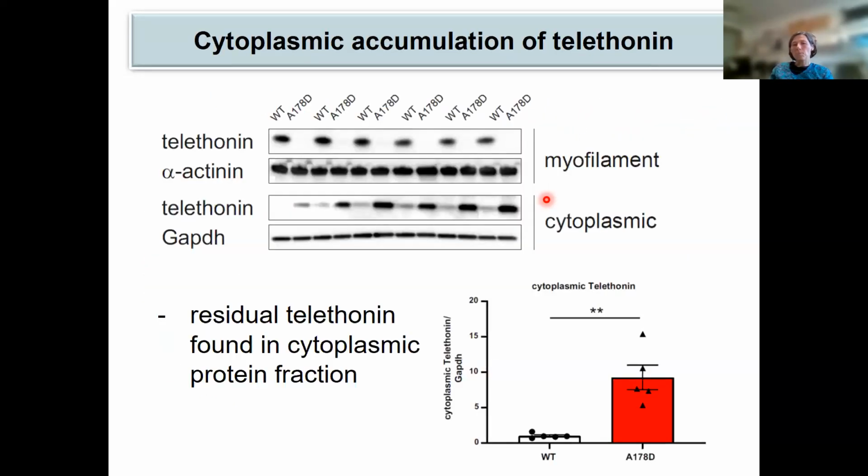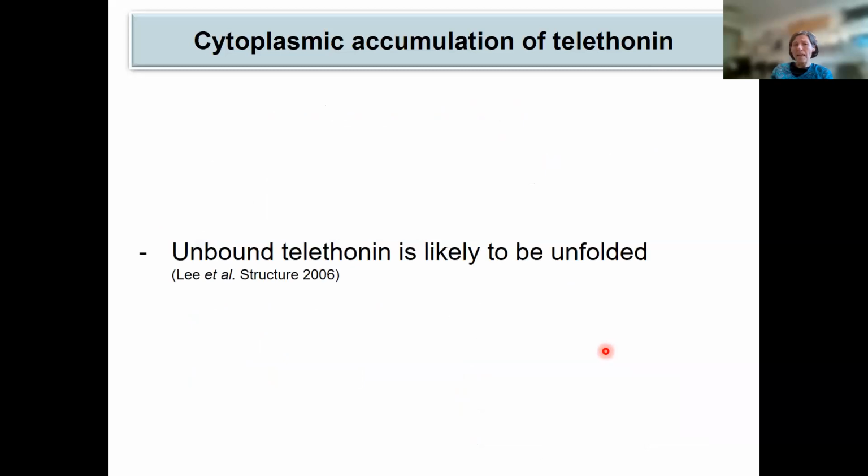The only thing we could observe is that the residual telethonin that was still left in our mutant mice is not in the myofilament, but accumulating in the cytoplasm. So there's a quite substantial increase of telethonin protein in the cytoplasm. And previous structure work has suggested telethonin that is not bound to titin is likely to be unfolded.